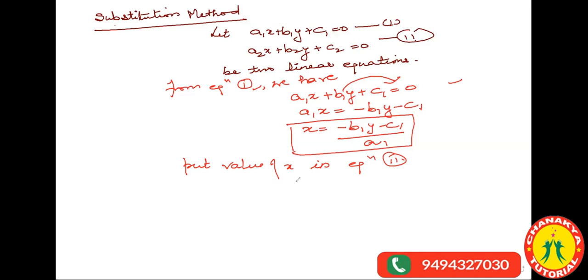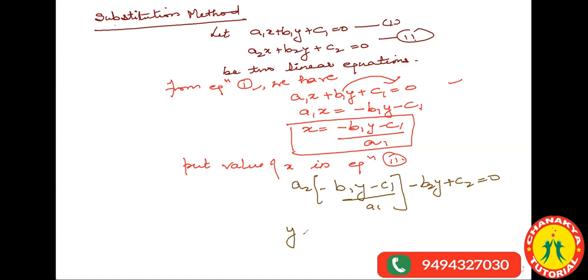So now after putting it, you will get a2 times minus b1y minus c1 upon a1, plus b2y plus c2 is equal to 0.